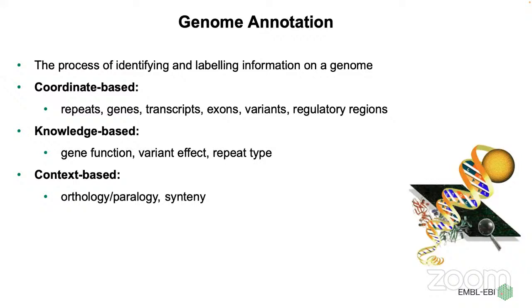It could be knowledge based, where you identify the function of these elements and the effects of these elements on the phenotype. And lastly, it could be context-based, where different genomes are compared across different species to infer orthology, paralogy, and synteny.